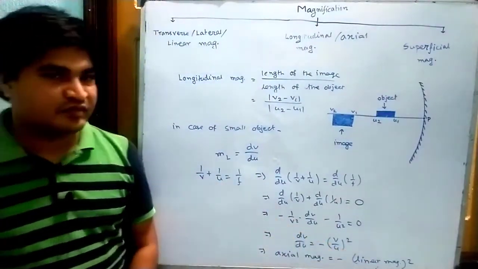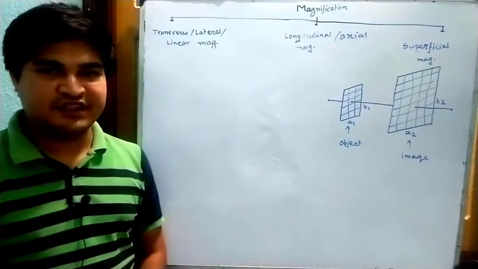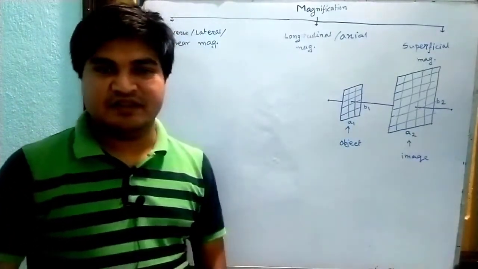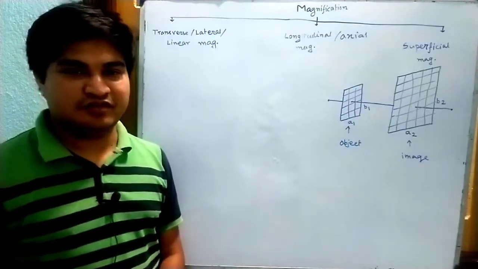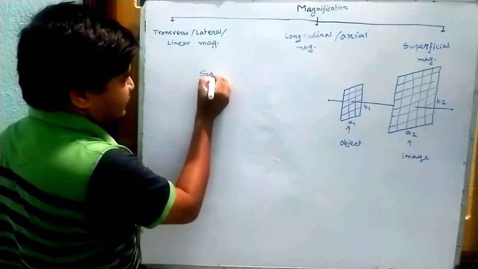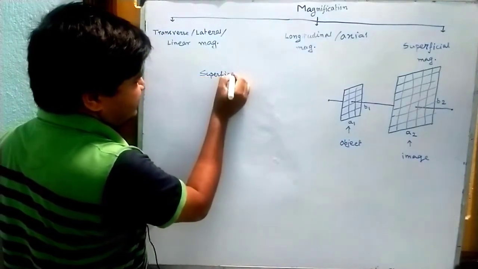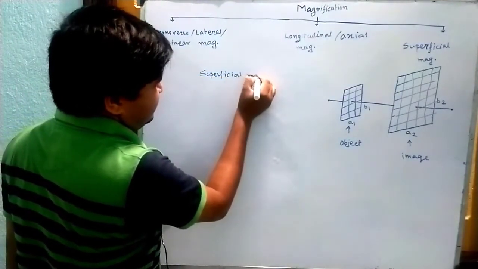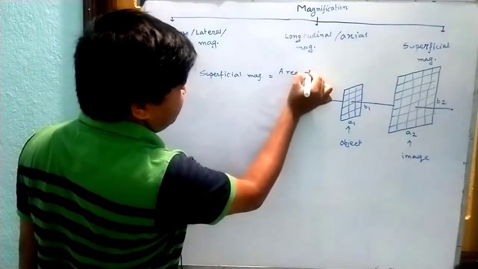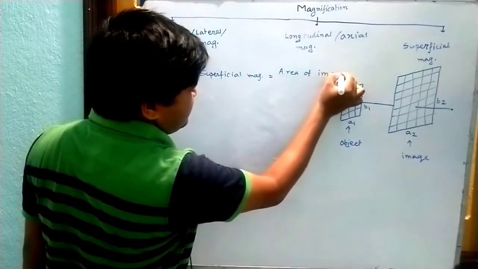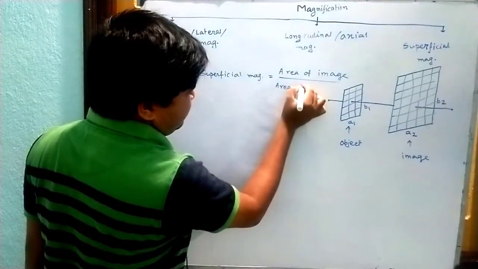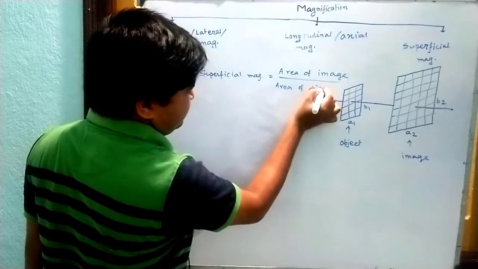Here, superficial magnification is defined as the ratio of the area of image to the area of object. Superficial magnification equals area of image by area of object.